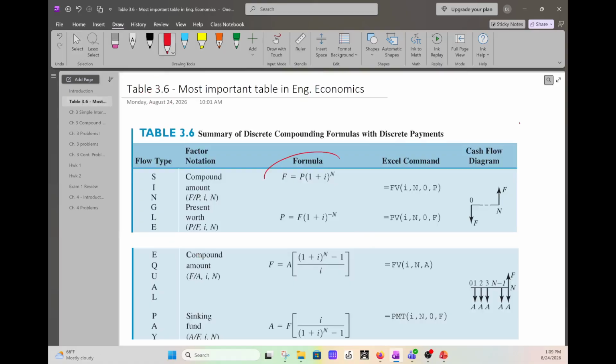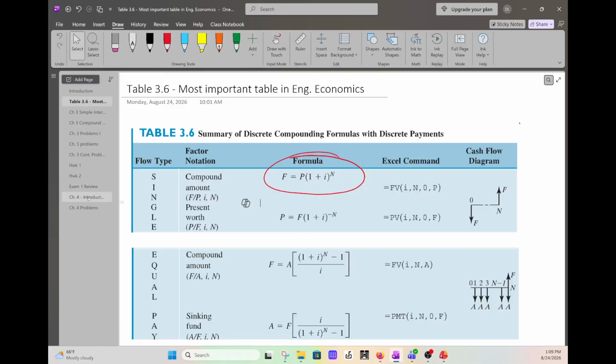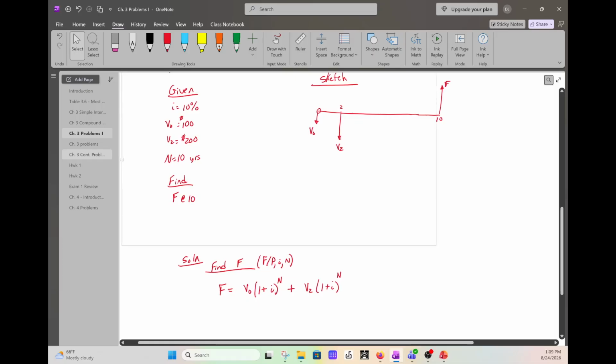Right here. So P, which is your V naught, because it's a present value, times 1 plus I raised to the n, yep. Plus V2 times 1 plus I raised to the n. But in this case, it says minus 2.